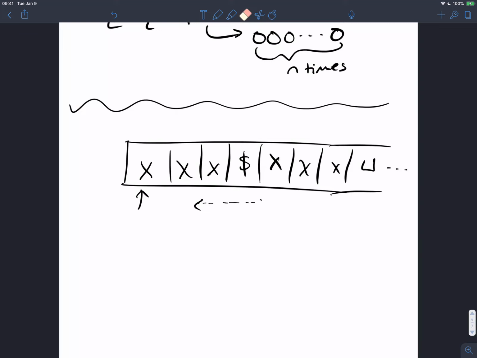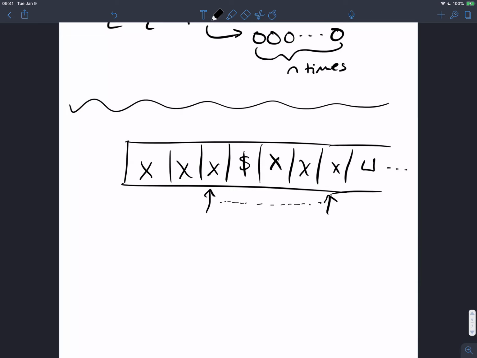X. And so now I want to discuss this situation right here. So now I'm pointed at the very last what was a 0, and now we're going to go back in the same way that we did before. Which character am I going to stop moving left on?